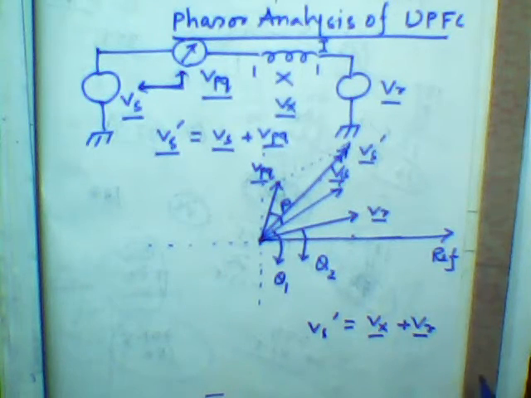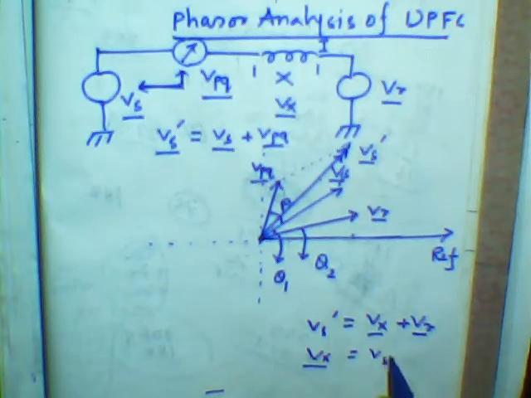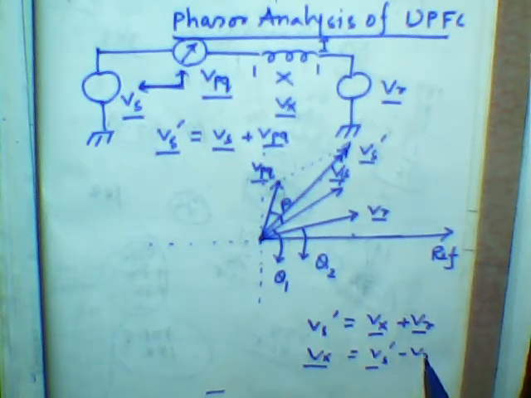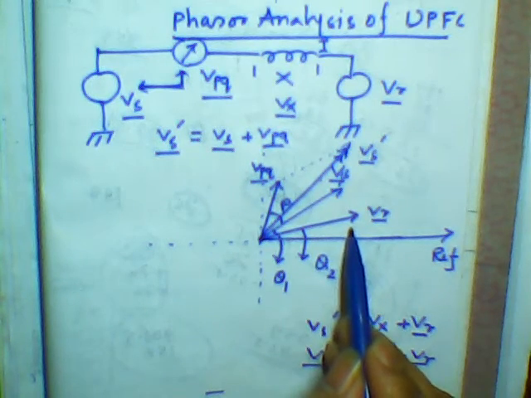Now we are trying to find Vx, which is Vs prime minus Vr. So this is the Vr.